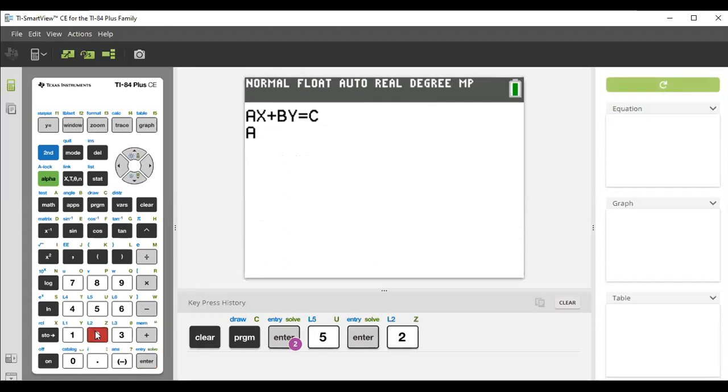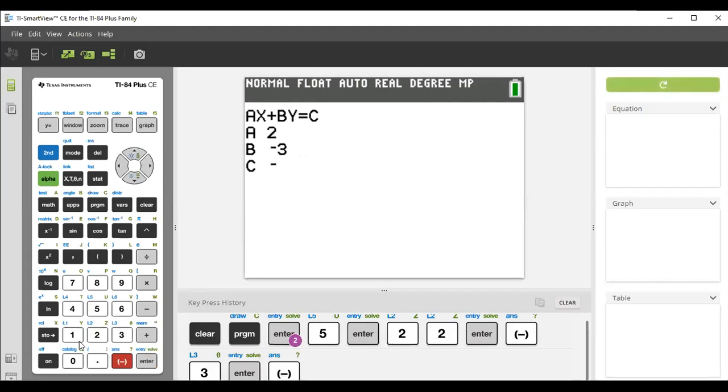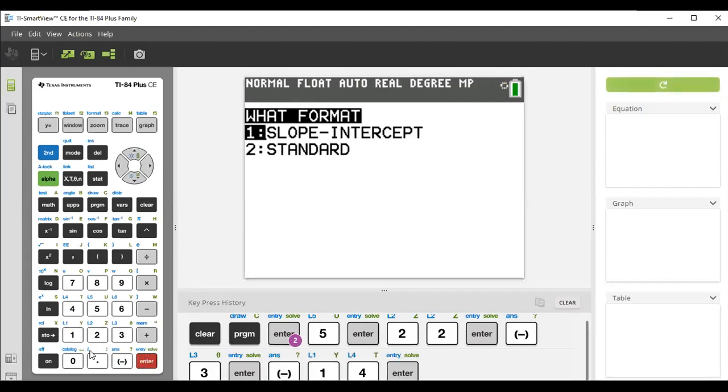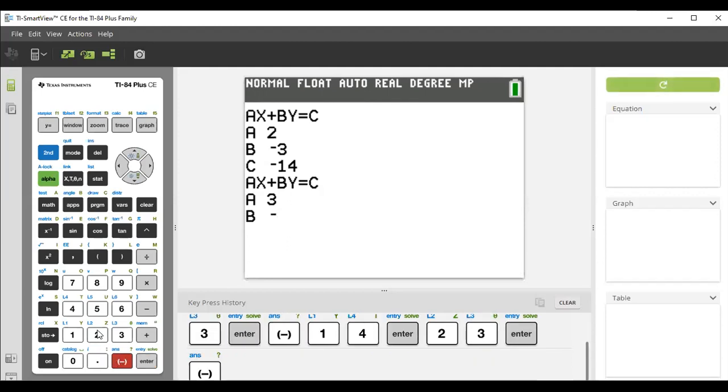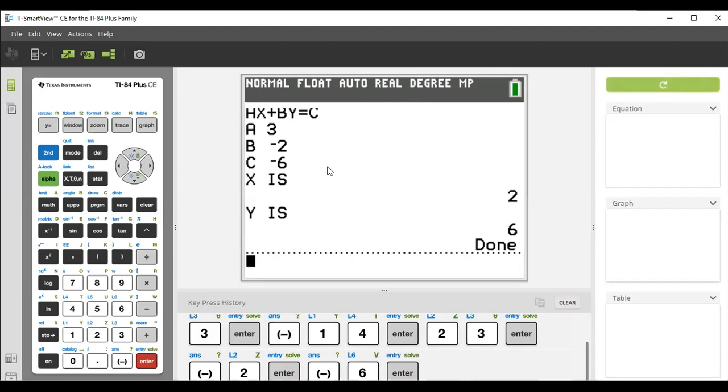The coefficient for the A term was 2, the coefficient for the B term was -3, and the constant was -14. Enter those and press enter. Now we use standard form again for the second line: the coefficient for the A term is 3, the coefficient for the B term is -2, and the constant is -6. Press enter, and bam, that's our coordinates.